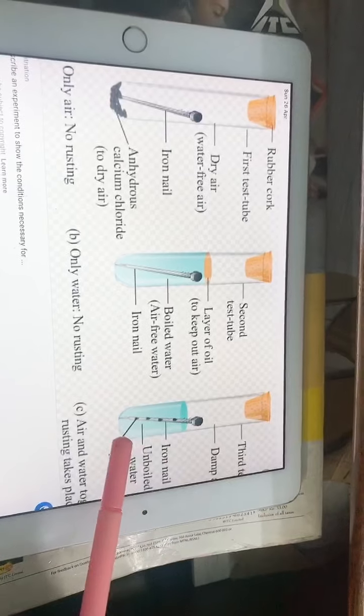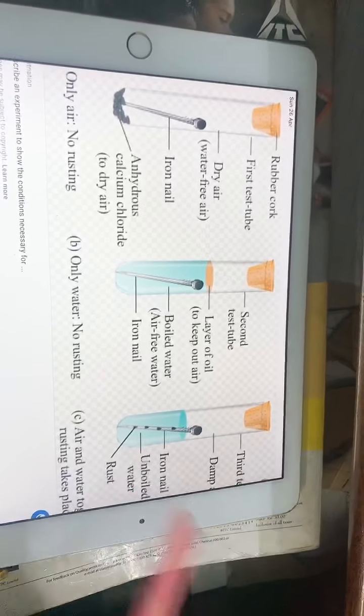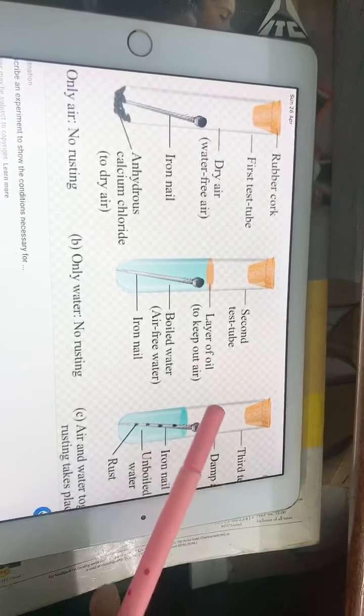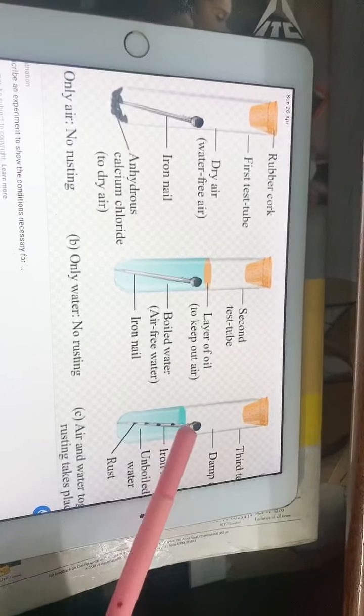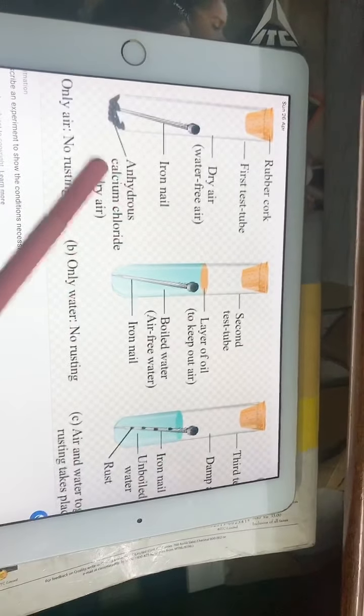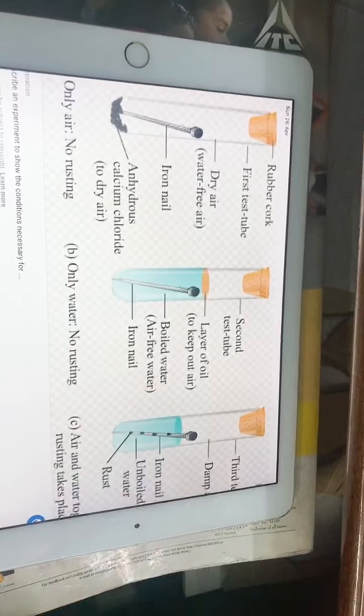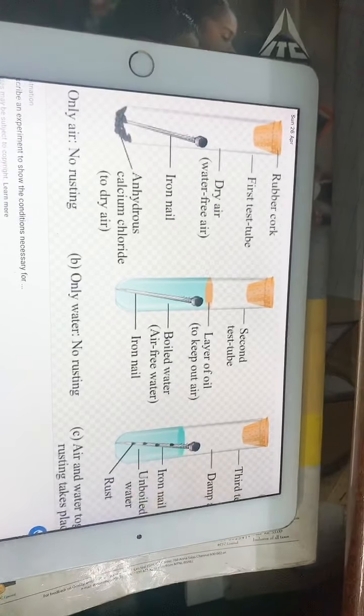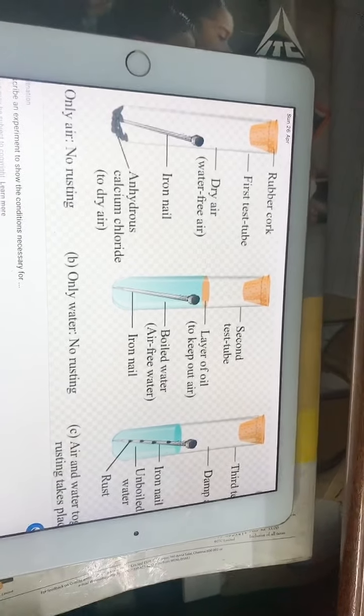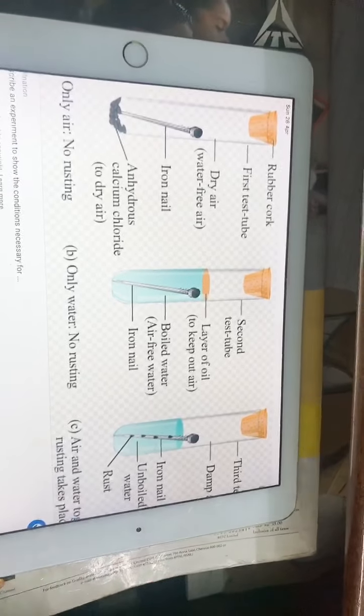And see students, in this one normal cold water is used, and there is no barrier like an oil barrier here. You can try this activity at home also, taking 3 glasses and nails, and be careful while touching the nails.